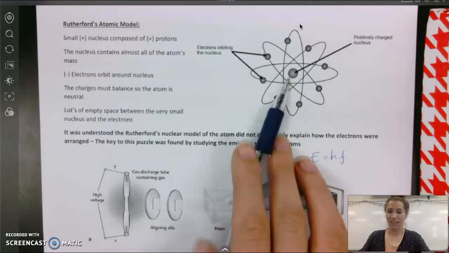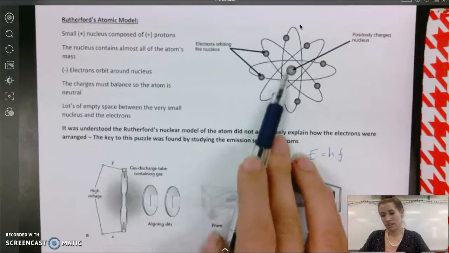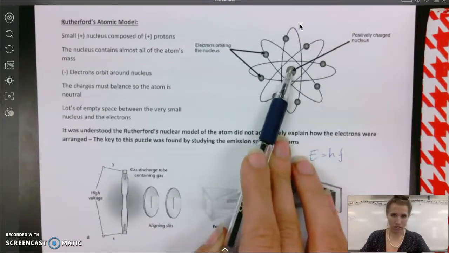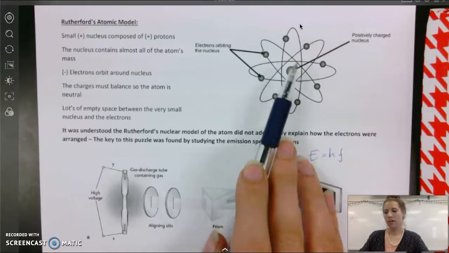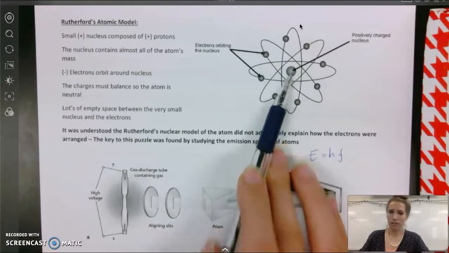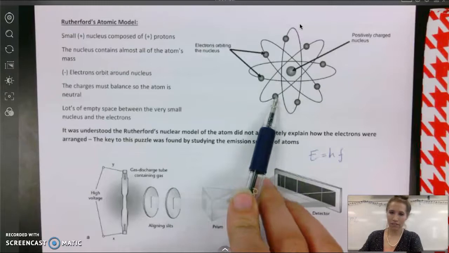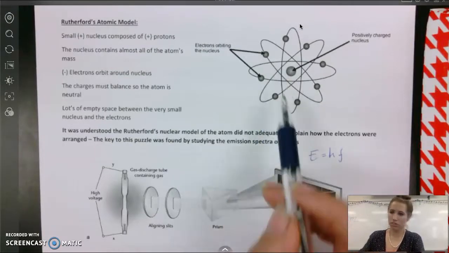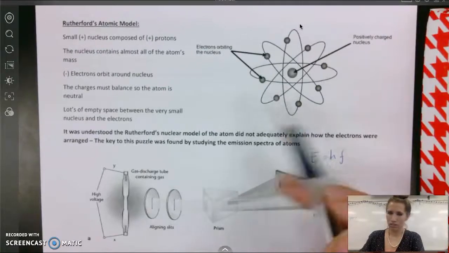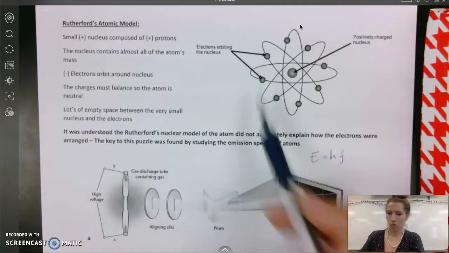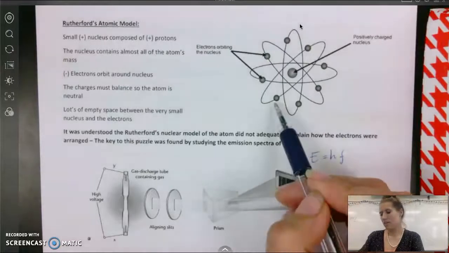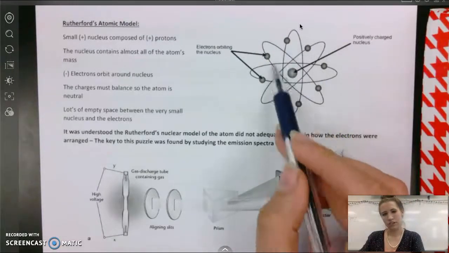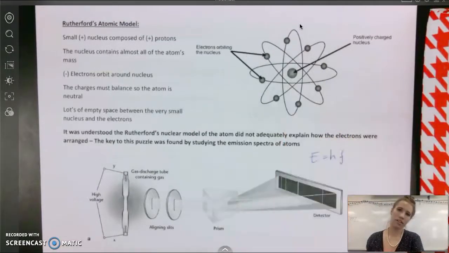If the nucleus is positive, because they really hadn't gone into protons and neutrons yet, and the electrons are negative, then what's keeping the electrons from just falling into the nucleus, right? Why are they continuing to orbit or fly around it? Why isn't it eventually just falling in?